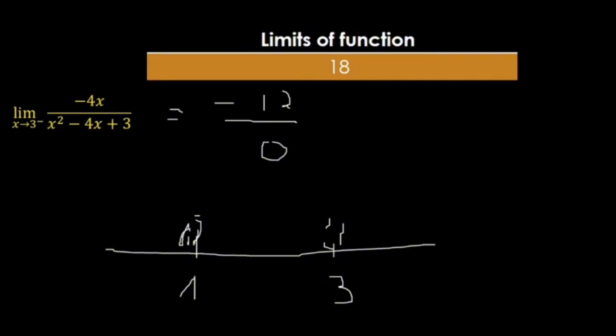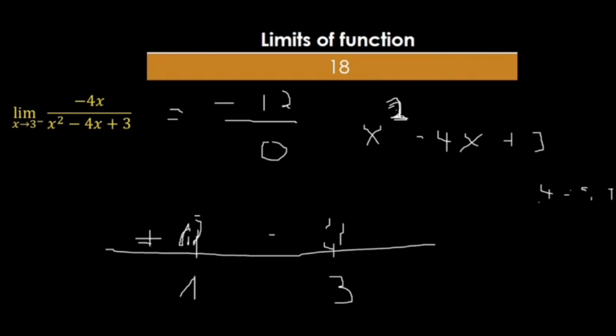When x is less than 1, in the equation x squared minus 4x plus 3, you can take 0, here is plus.